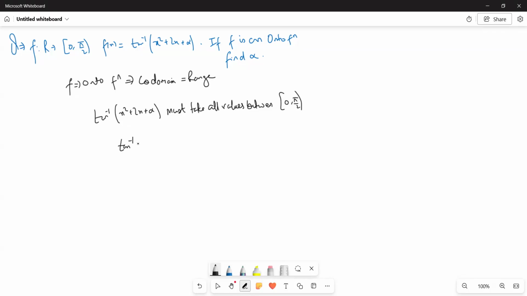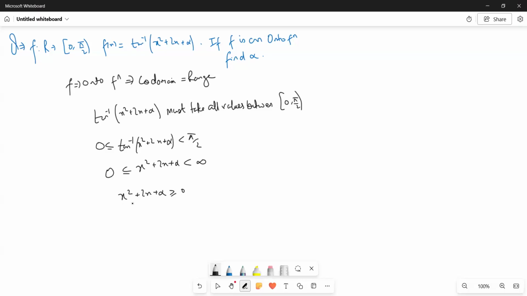So that tells us tan inverse of x square plus 2x plus alpha lies between 0 to pi by 2, or x square plus 2x plus alpha lies between tan 0, which is 0, and tan 90, which is infinity. So x square plus 2x plus alpha must be greater than equal to 0 basically, cause infinity का कोई issue है नहीं. ठीक है.